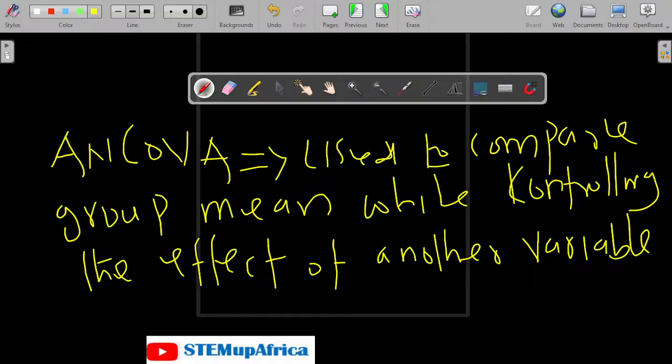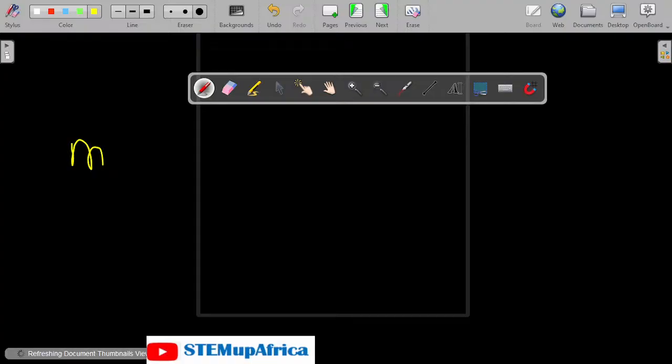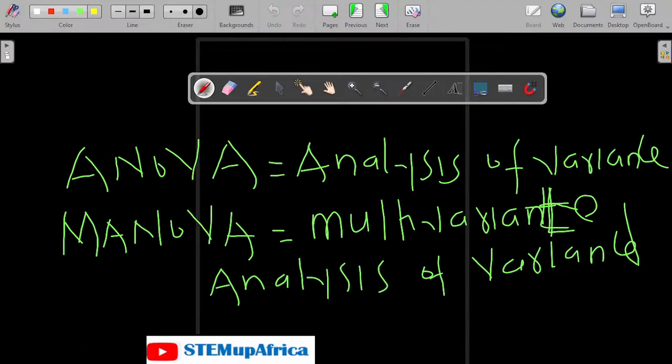And lastly, the multiple regression. Multiple regression is used to test or predict the value of a dependent variable using two or more independent variables.